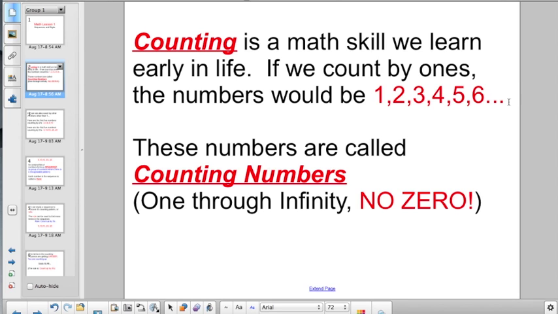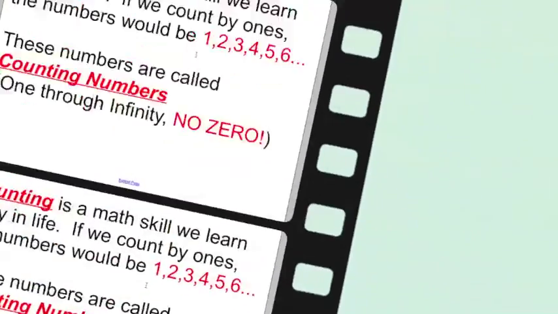I don't care how bad in math you think you are, there is not a kid in the room who doesn't understand that, right? So, these numbers that you use to count are called counting numbers. It's 1 through infinity, only no 0, because when you start to count, you always start with 1, don't you? You don't start counting at 0.